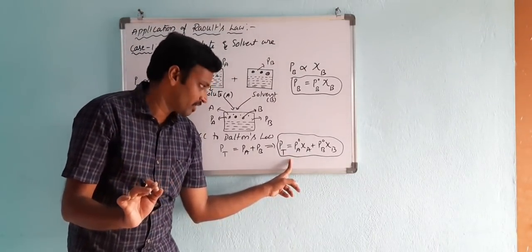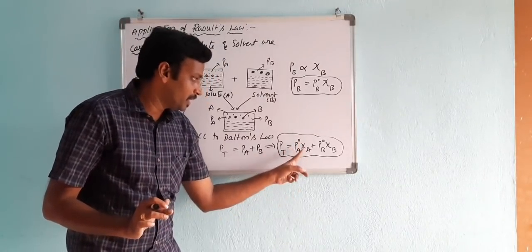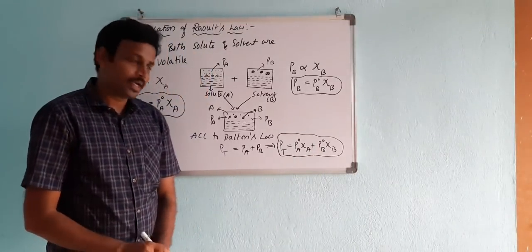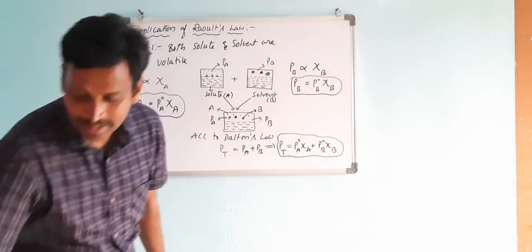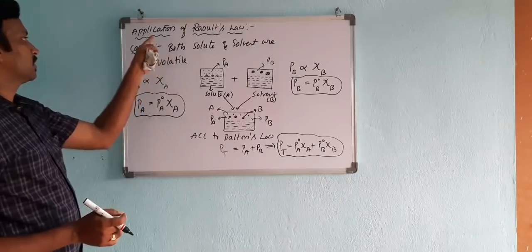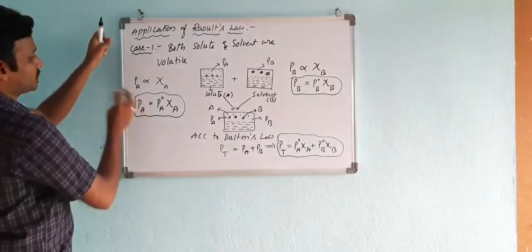So P total is equal to PA naught xi A plus PB naught xi B. Understood? So let's see some more applications for this particular Raoult's law.